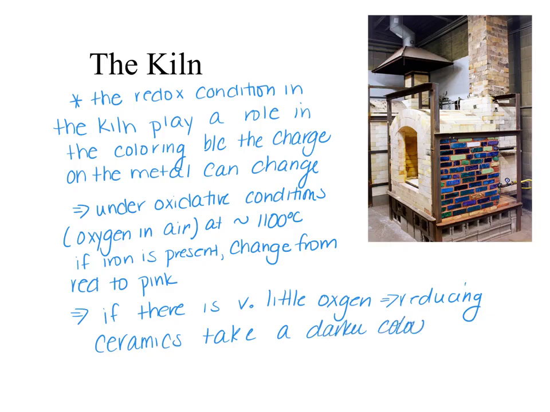Now, a kiln with a reducing atmosphere is a little bit of a challenge because we need oxygen for the fire to burn. And so this has a special name, a lot of times referred to as raku firing. So if you're interested in that and looking into that more, that's what you can explore.